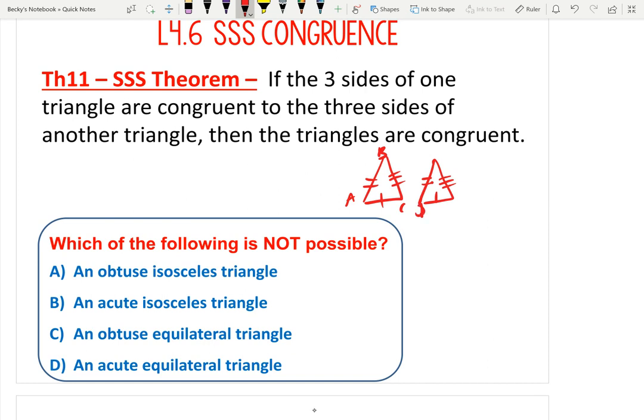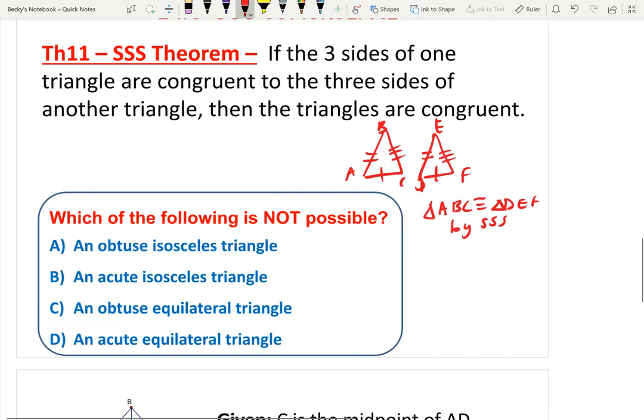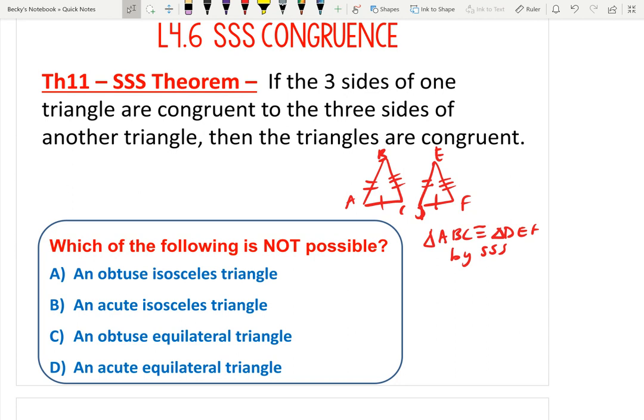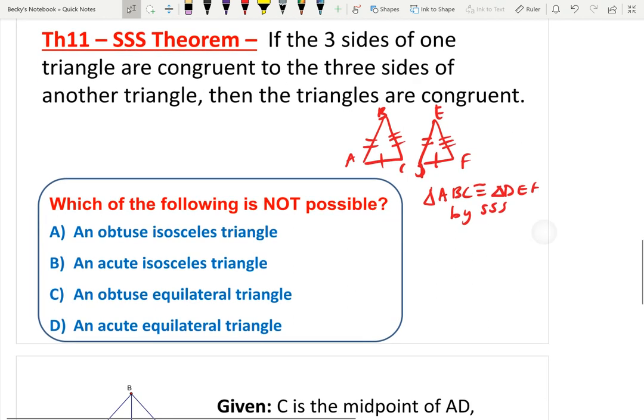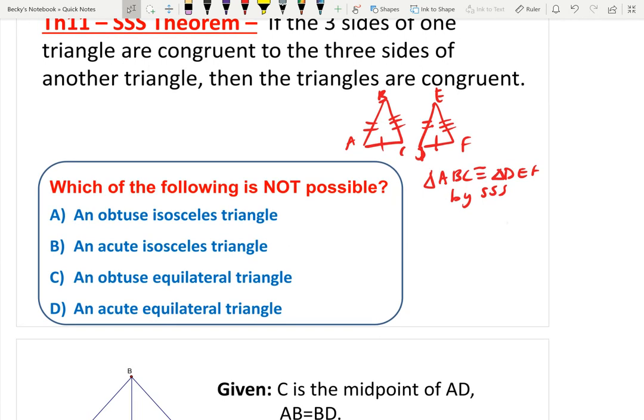Now, D, E, F. On this triangle, if we have corresponding sides that are equal, we know that triangle ABC is going to be congruent to triangle DEF because of side, side, side. And you should understand what that means because we already have proven SAS and ASA. So this is just another easy way to do this.